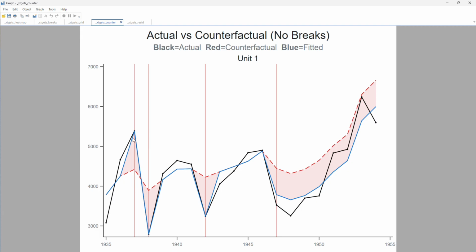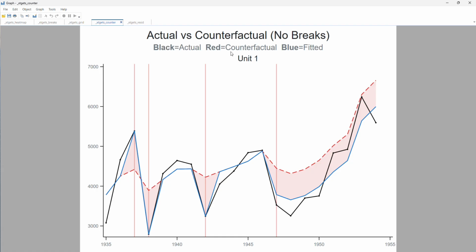So you can see there was a huge temporary break between what should be there and what is actual. So there were four years for this cross section where there was a significant break in the data. Okay, so the blue line is the fitted, black is actual, red is counterfactual.